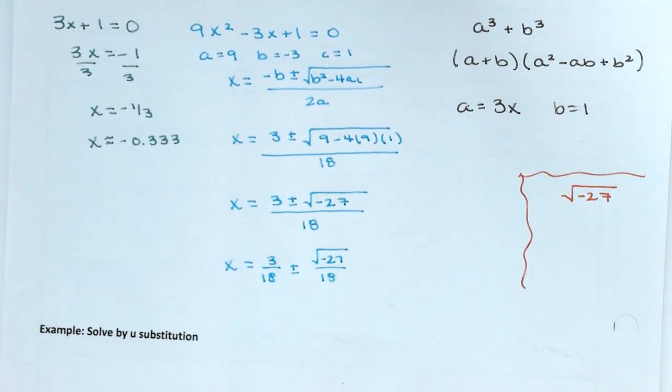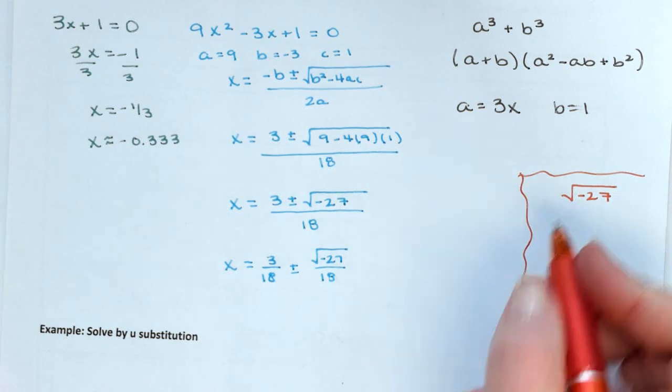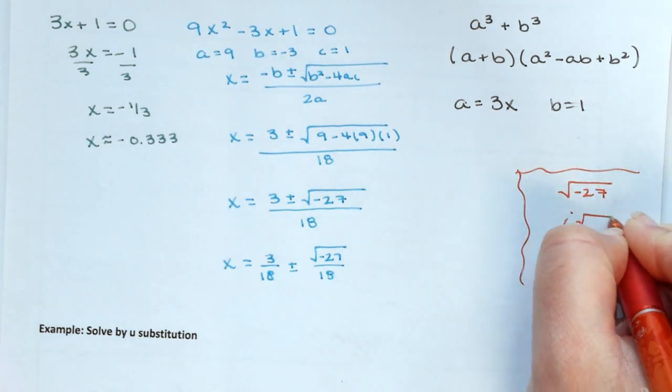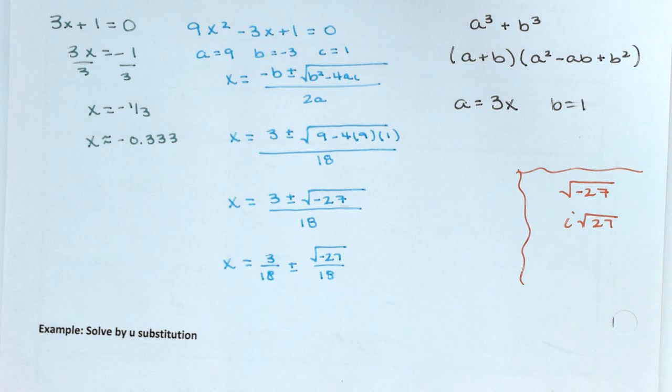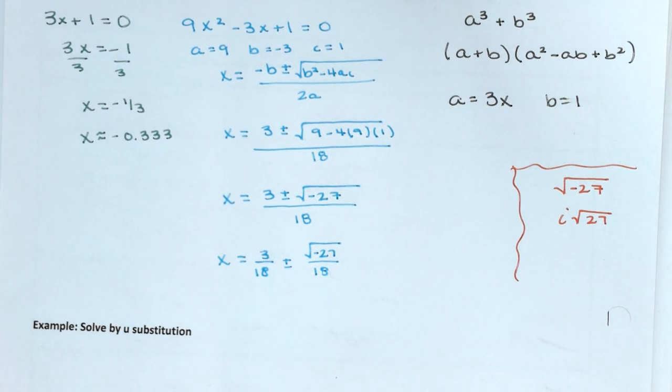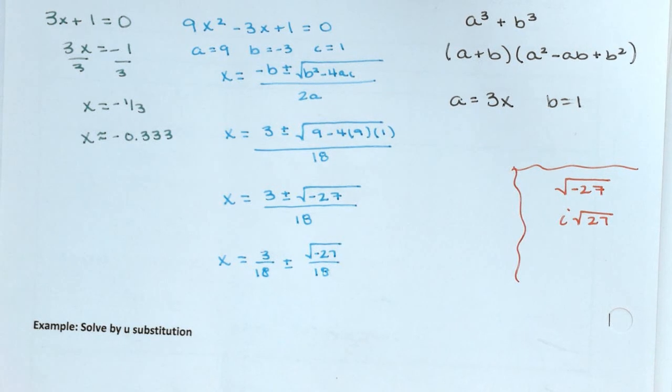So how do I simplify this radical? The negative comes out as the i. So I'm going to say i square roots of 27. And then I have to say, okay, what's a perfect square that goes into 27? Perfect squares are numbers like 1, 4, 9, 16, and then 25.